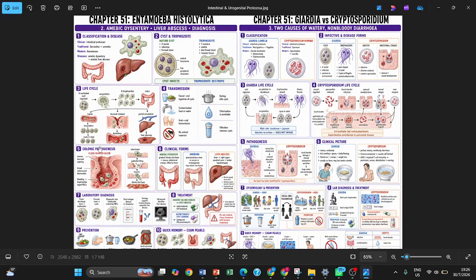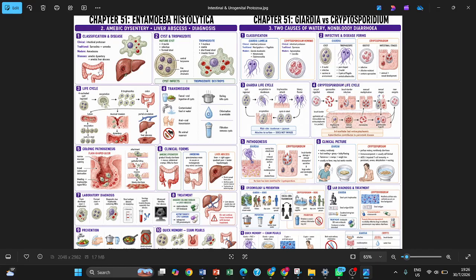A carrier doesn't have symptoms, so they do not have active trophozoites, and you will find only cysts in their stools. It is the same with the other two organisms: in carrier states you see cysts in the stools, but in symptomatic phases you see cysts and trophozoites together.